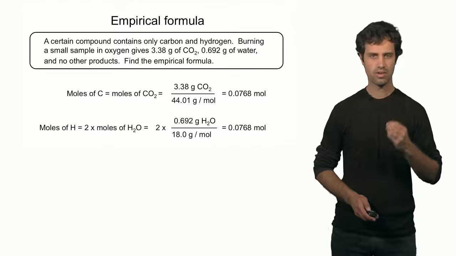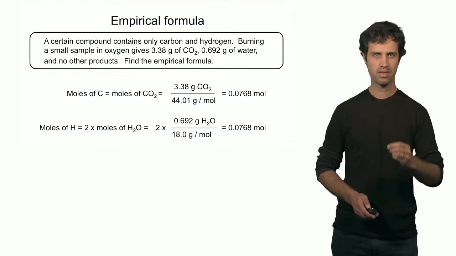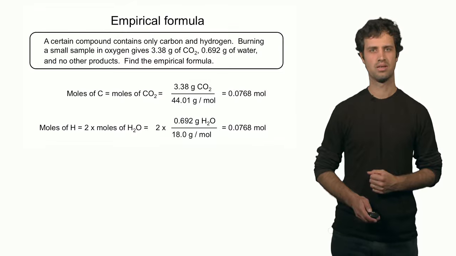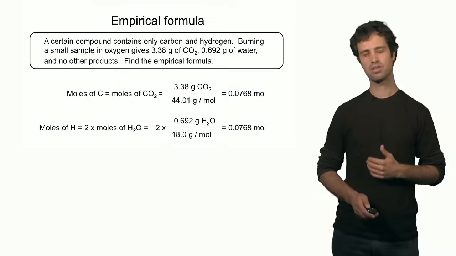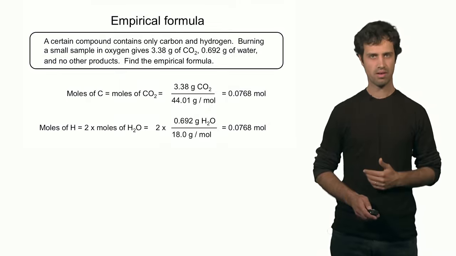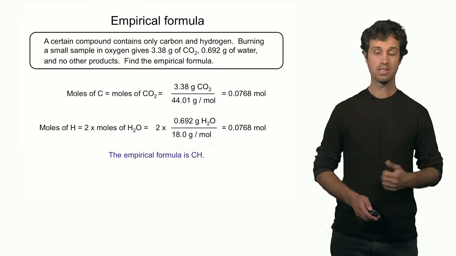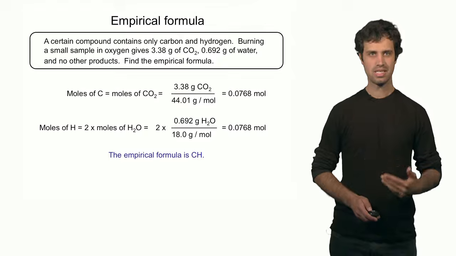I find a total of 0.076 moles of hydrogen atoms. That means I find the same amount of carbon as I find of hydrogen atoms. That means the ratio is 1 to 1, and that means that the empirical formula is CH.